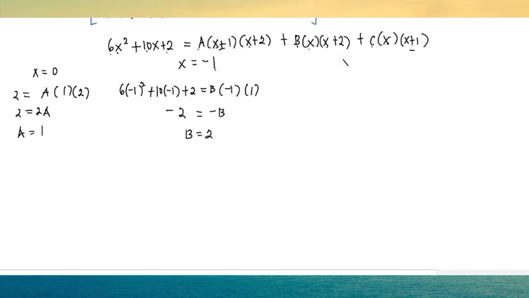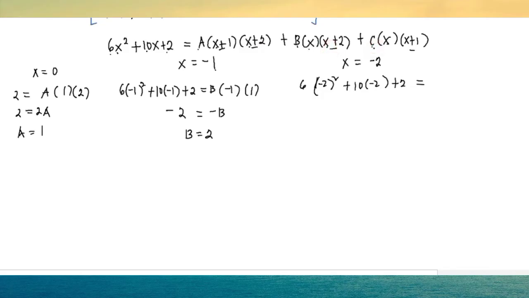Then lastly, we have x is equal to negative 2. So if x is negative 2, left side ng equation natin, so 6 times negative 2 squared plus 10 times negative 2 plus 2. This is equal to, so negative 2, magsi-0 to, magsi-0 to.